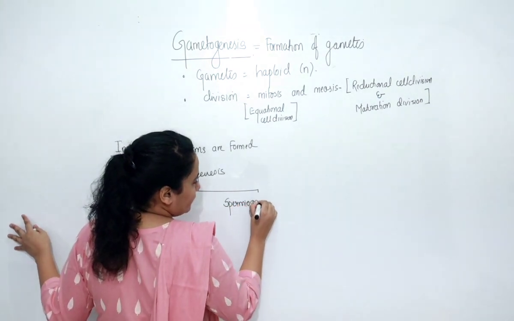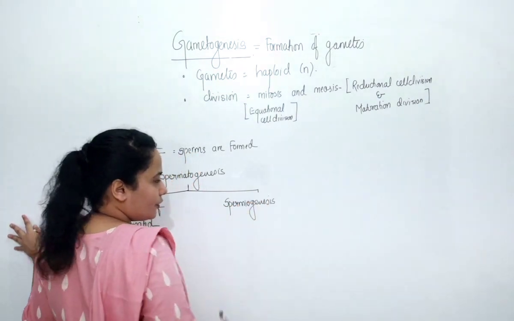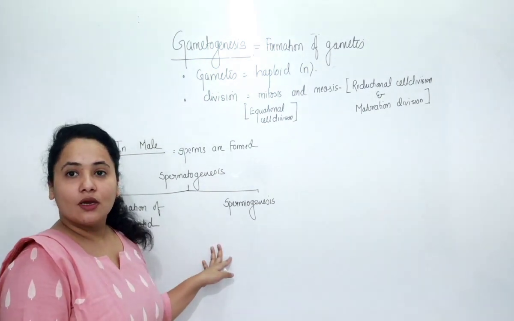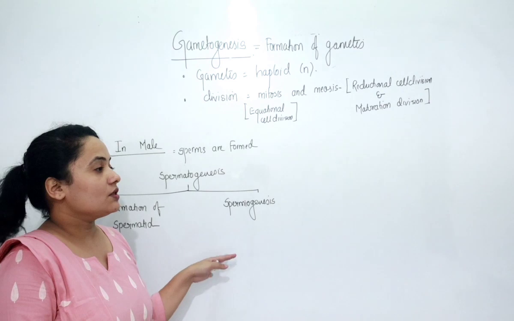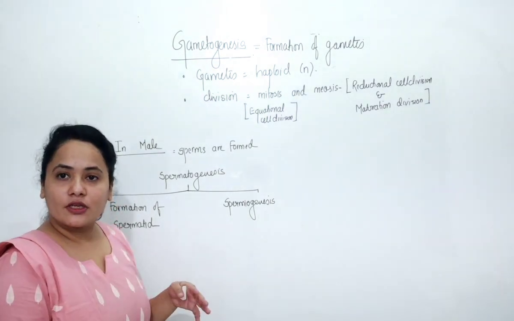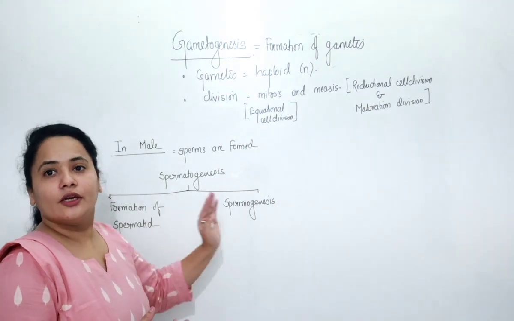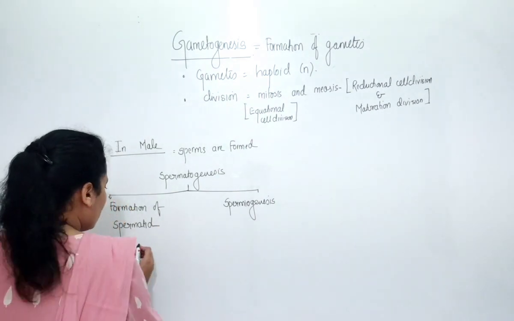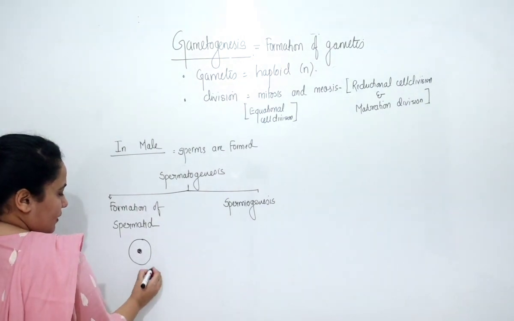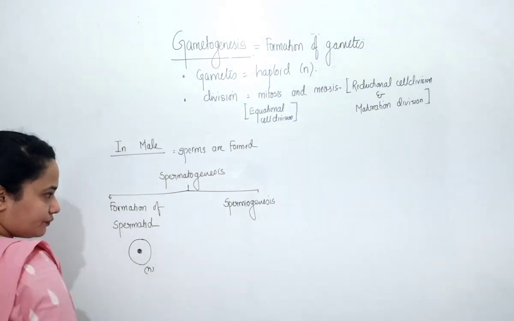Right. Then next comes the process of spermiogenesis. Now, what is spermiogenesis? Spermiogenesis is the morphological differentiation of spermatids into sperms. So, what I have told you, spermatid would be something like this. Right? It is a haploid cell.